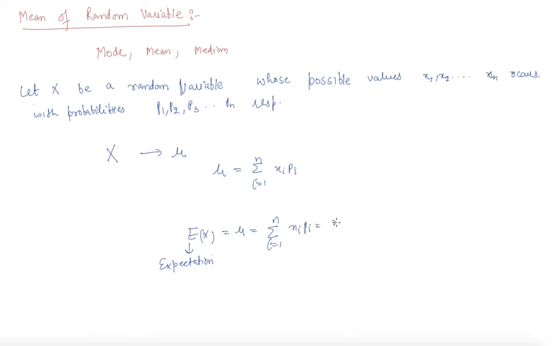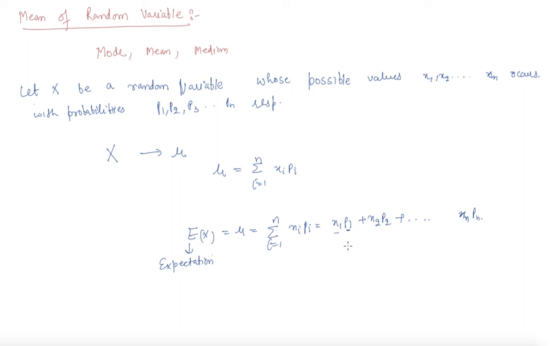So this is x1 p1 plus x2 p2 up to xn pn. The mean or expectation of a random variable is the sum of the products of all the possible values of x with their respective probabilities. I hope students now you are pretty clear about what the mean of a random variable is.